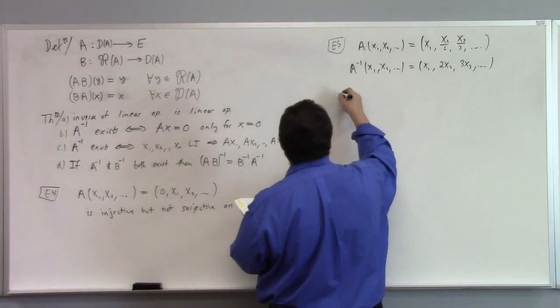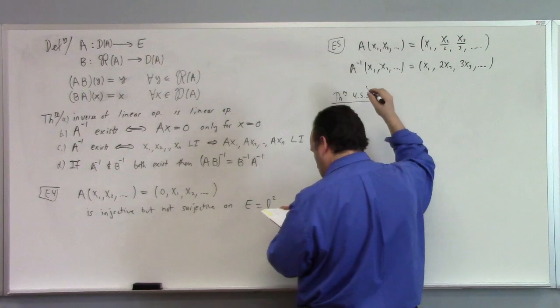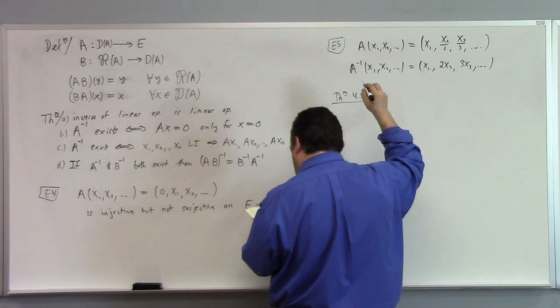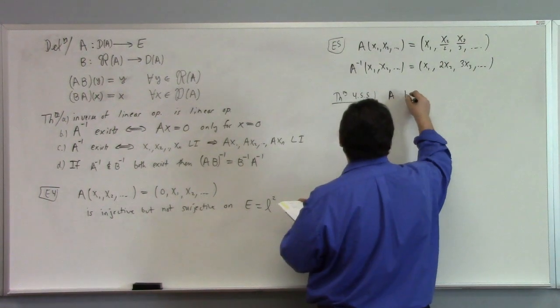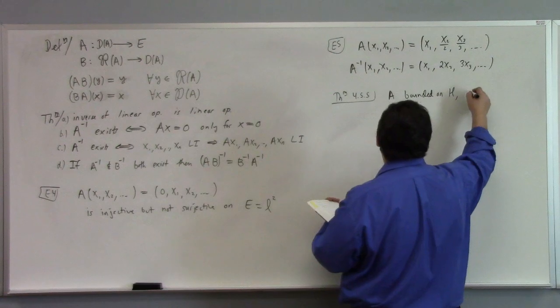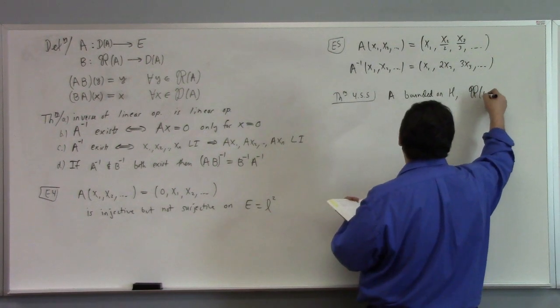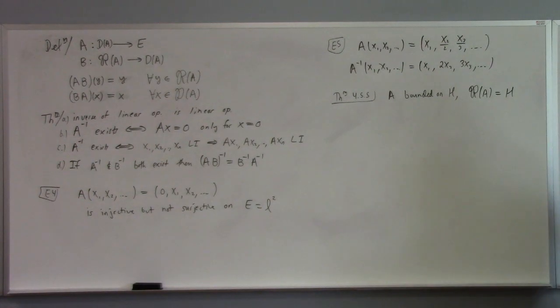So then we have theorem 4.5.5. And here we have a bounded operator on a Hilbert space H. So A bounded on H. And we also want the range of A to be H itself. So it's a bounded surjective map.